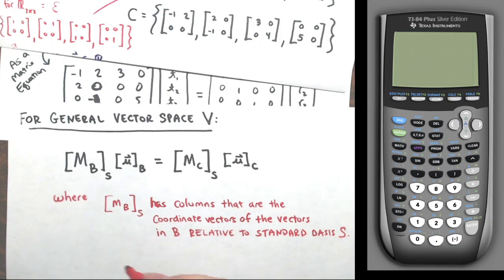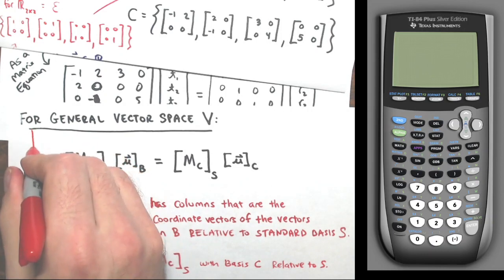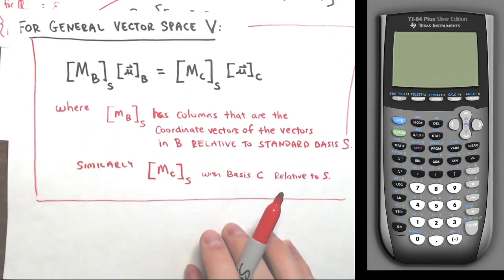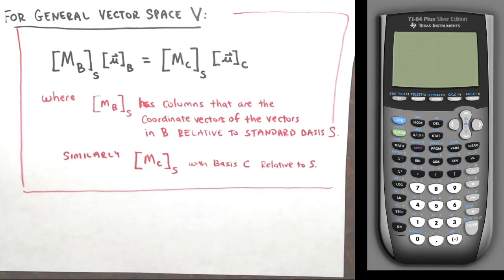And similarly for M_C relative to S, this thing that I've written, but with basis C instead. C relative to S. Okay. So this is huge. Let that sink in for a second.